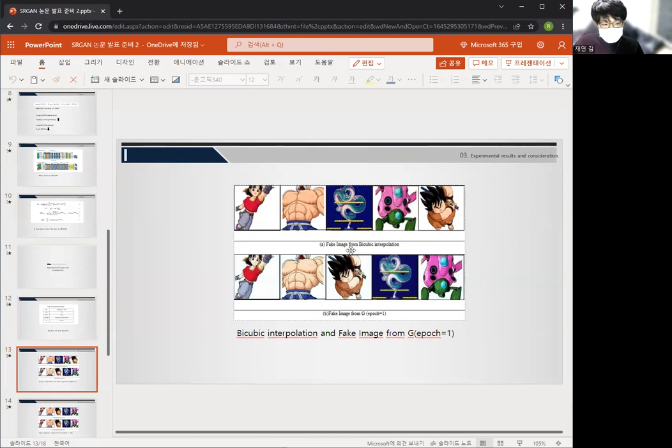A is the bicubic interpolation, and B is the fake image from G, epoch 1.